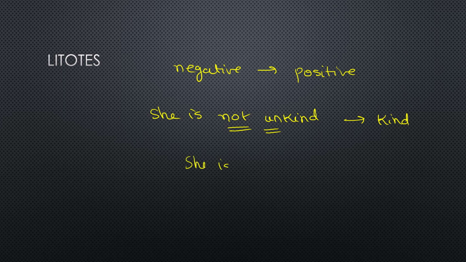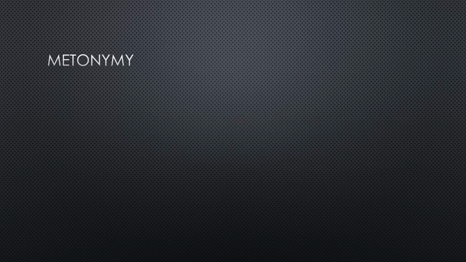For example, she is not wrong. So one negative, another negative, you are using two negatives to make it positive. Yeah? So this is litotes.